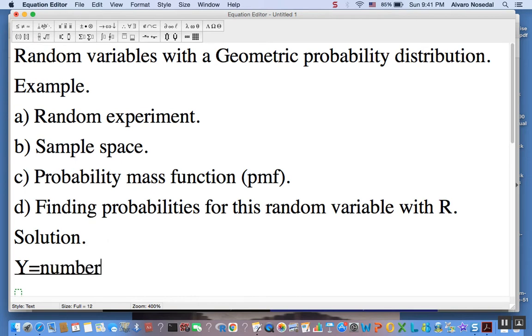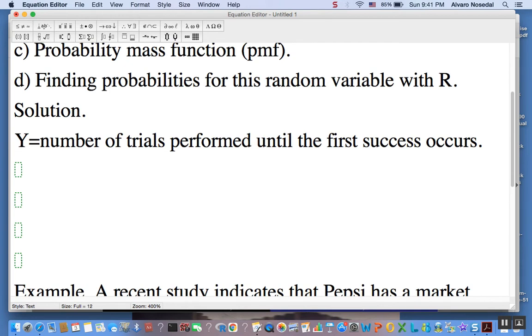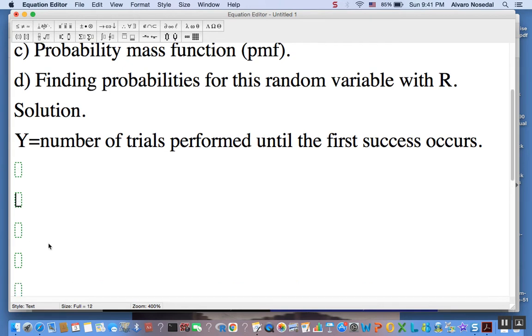In this case, the random variable of interest is the number of trials performed until the first success occurs. And in this case, a success is identifying a Pepsi drinker.